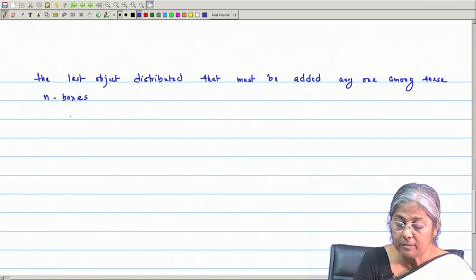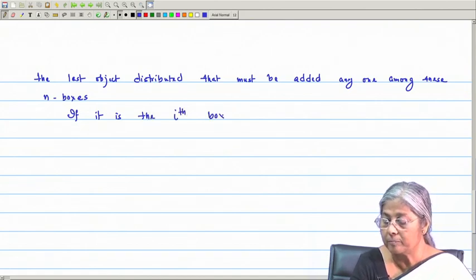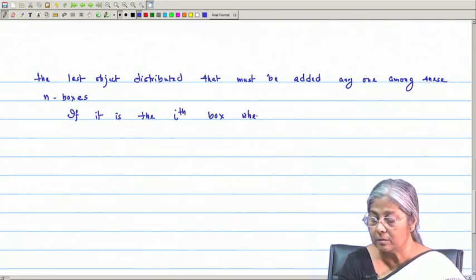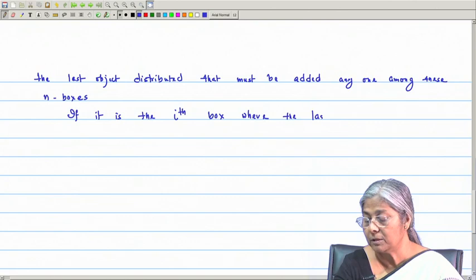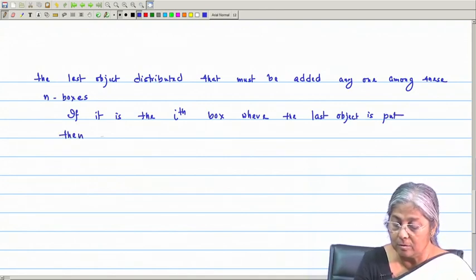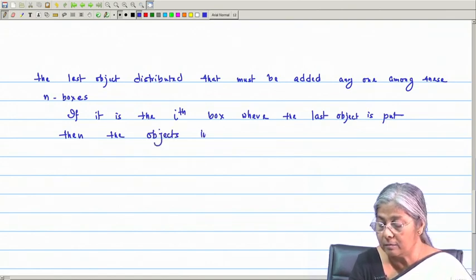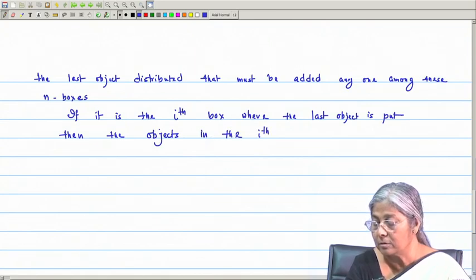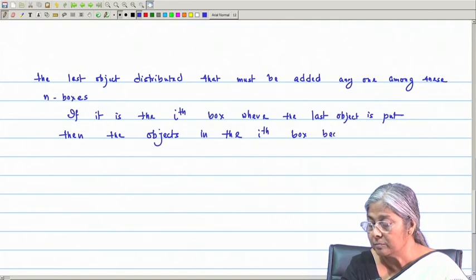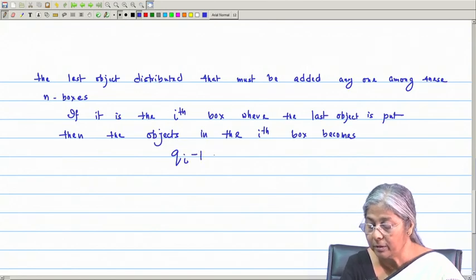If it is the ith box where the last object is put, then the objects in the ith box become, earlier it was qi minus 1, now I have added 1.